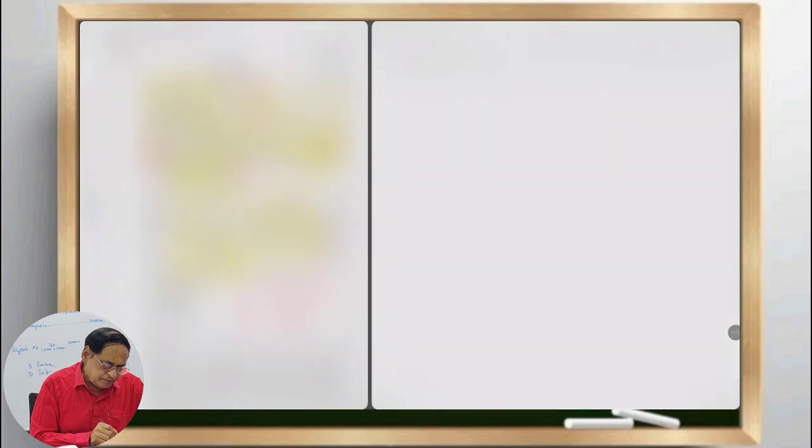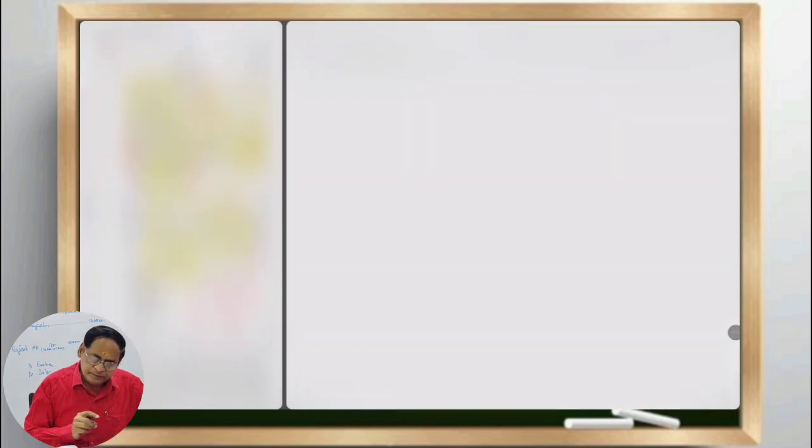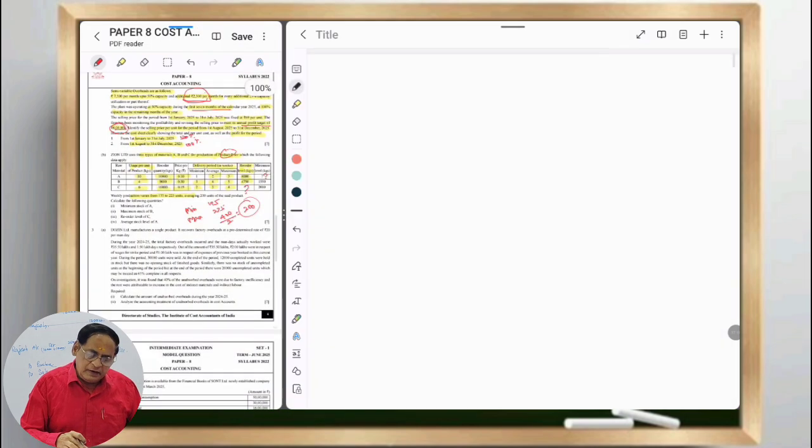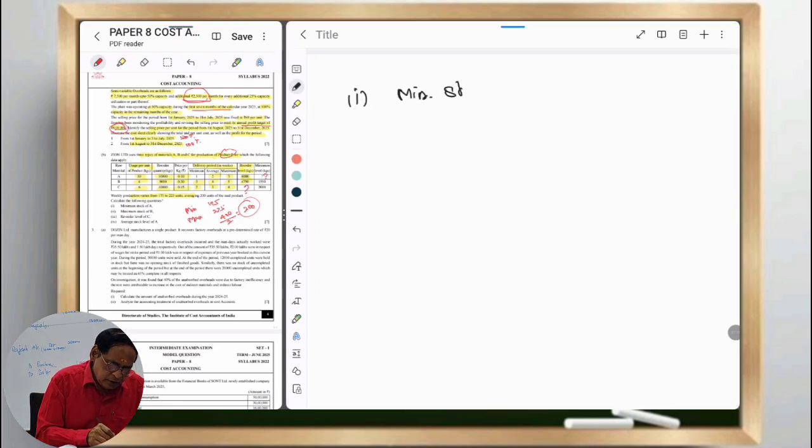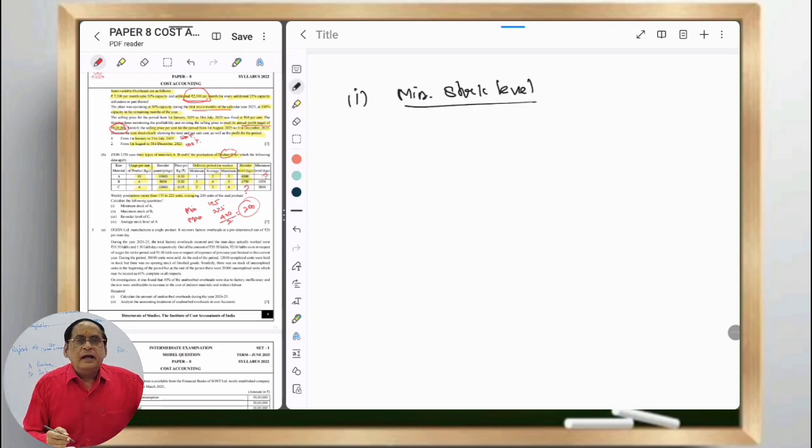Please listen. First, the minimum stock level of A. We will find it out first, because the minimum stock level is required in the box; it is actually a question mark. Minimum stock level is reorder level minus average consumption.